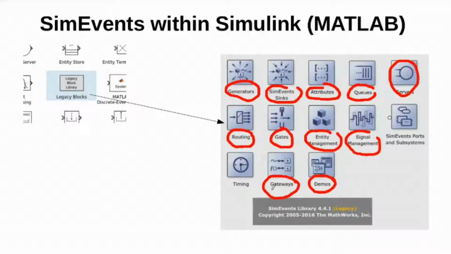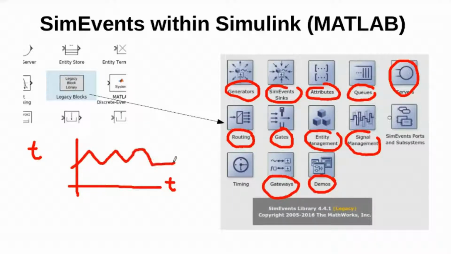Gateways will be very important later on because you are used, at this moment, to timed signals. Your simulations in Simulink are over time. So you have something like this: you have the time axis and the signals happen all along this time. But from now on, we have events. Remember, this course is focused on events. The problem with events is that events happen at discrete times, as you may remember.